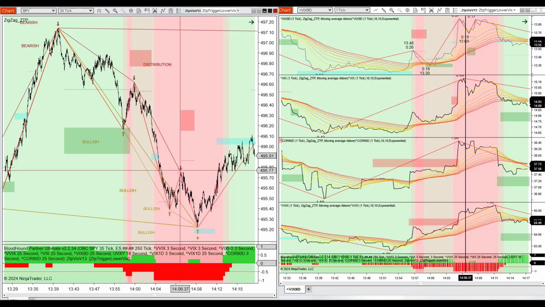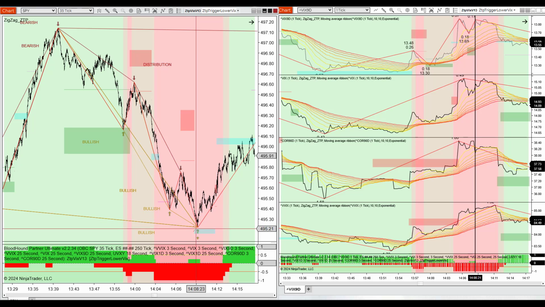However, you can see what the VIX is telling us. And if you did decide to take that high risk trade, maybe you do it with less contracts, less micros, and you be aware that you are trading into this exhaustion pattern, which we find to the tick right here at 495.21.